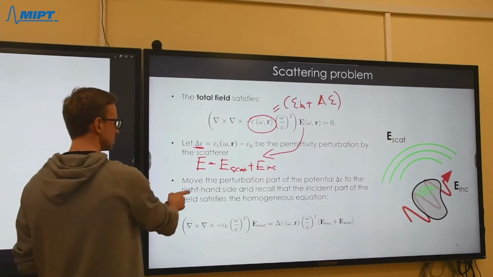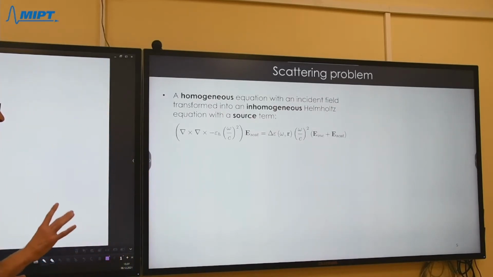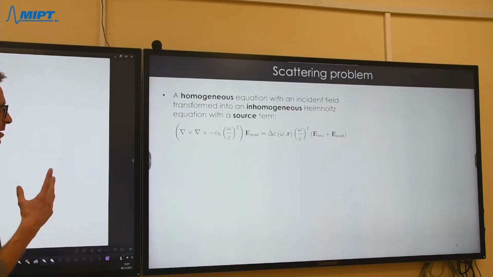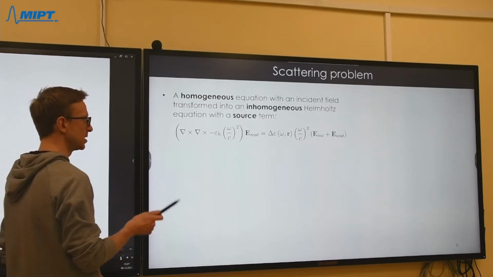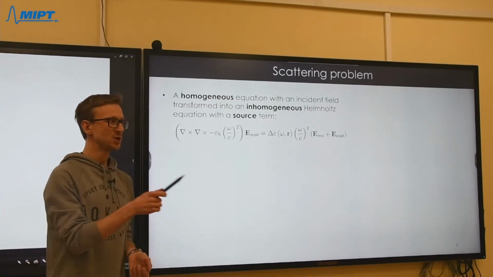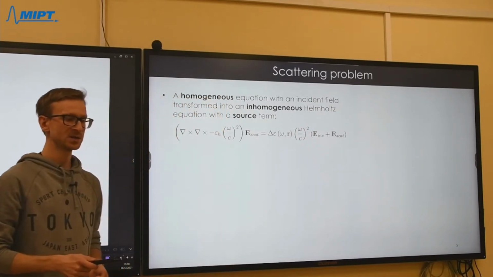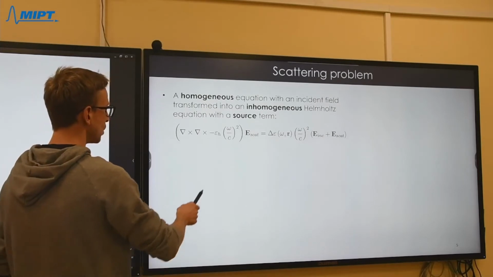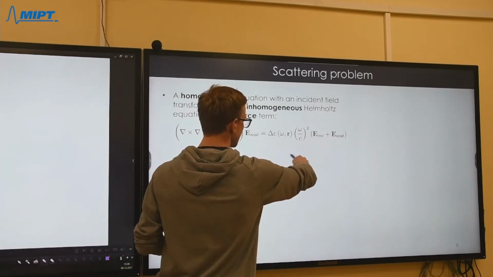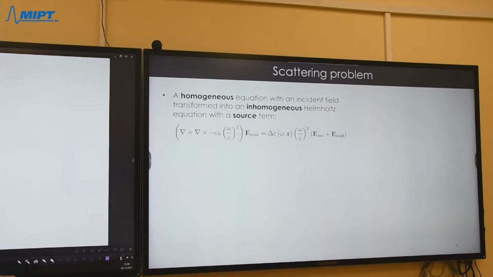So let us look at that equation one more time. Let us try to understand what we have done to this equation, the meaning of this manipulation. We manipulated a homogeneous equation with 0 on the right-hand side with some incident fields into another equation with a source term. What we have on the right-hand side of the wave equation is just a source. This is current density.